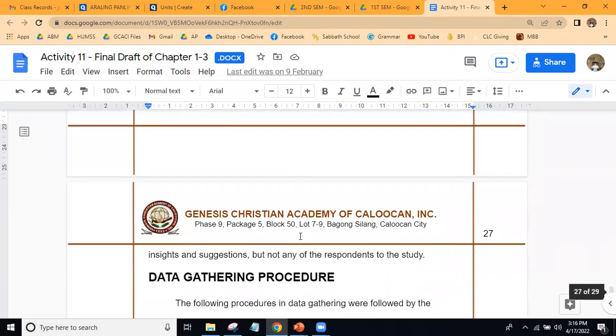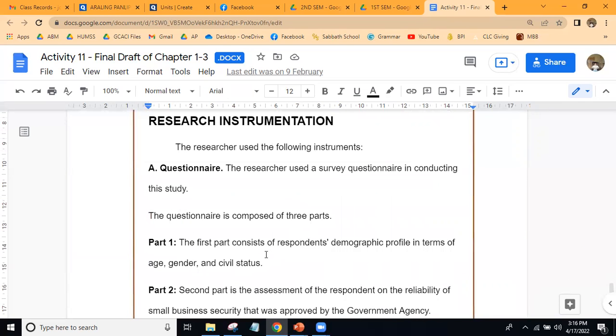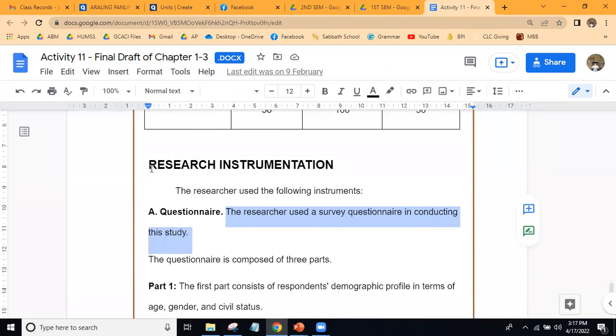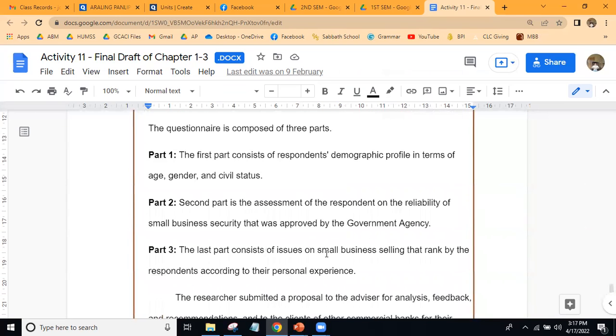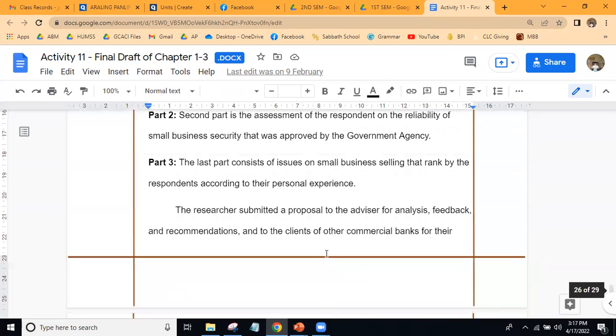Alright, so let's continue. No? So dito sa questionnaire, you are going to narrate. Ano ba ang napapaloob sa questionnaire? No? This is an assumption lang kasi wala pa talaga kayong survey questionnaire. Gagawin nyo pa yan sa chapter 4. But since that is part of chapter 3, that's research instrument, you need to assume.